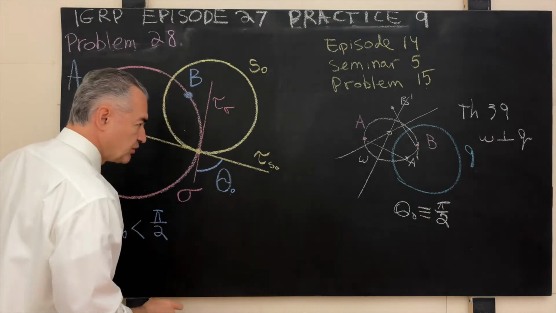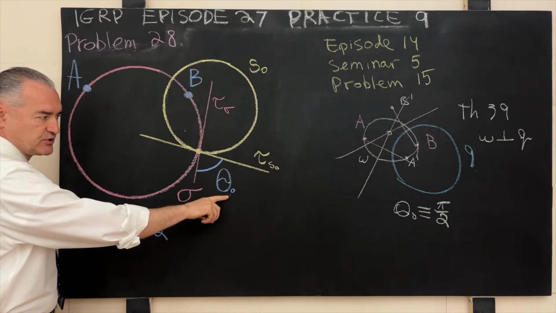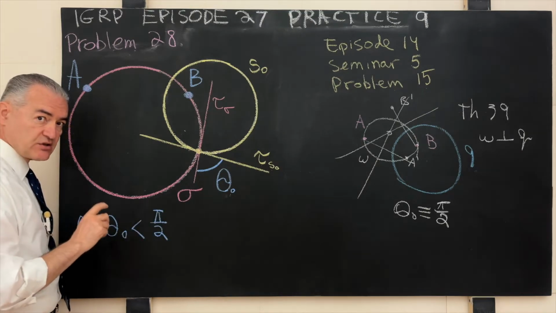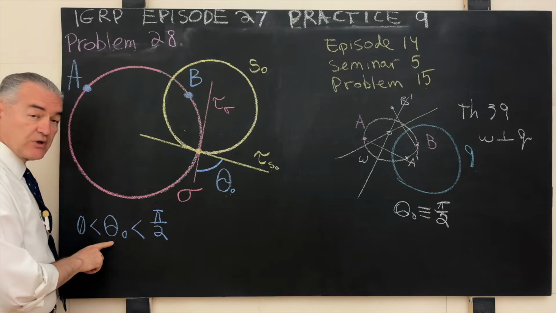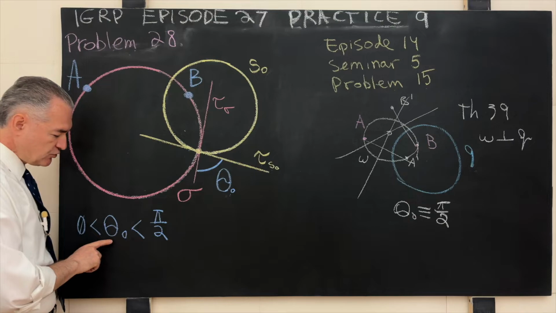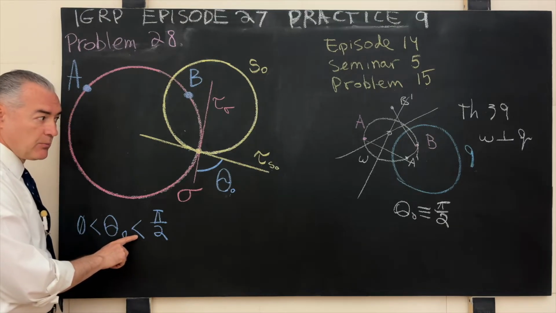But because we took care of the case when the magnitude of the angle theta 0 is pi over 2, now we want to consider the cases, or generalize our problem, when the magnitude of the given-ahead-of-time angle theta 0 belongs to the open subset of real numbers and is strictly larger than 0 and strictly smaller than pi over 2.